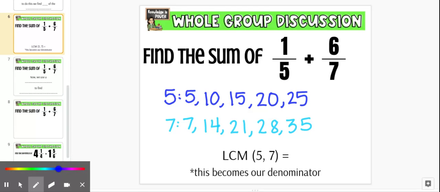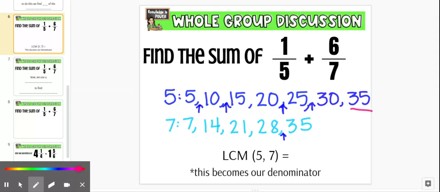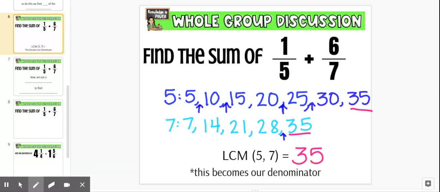There's no 7 up here. 14 would be right about here. 21 would be right about here. And then 28 is already over here. So I'm going to add more. The next one for 5 would be 30, and 30 would be right in the middle of here, so it's not there. The next one's 35. And there we go, 35. So our LCM of 5 and 7 is 35.